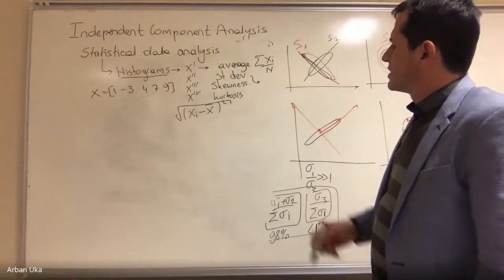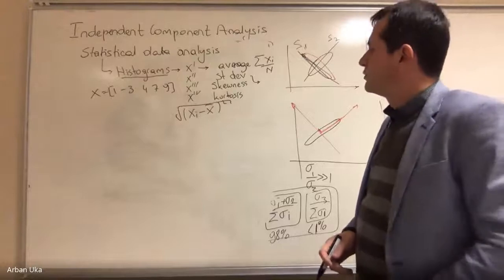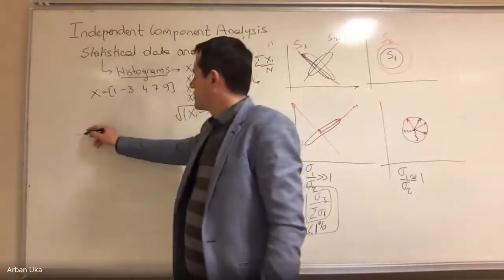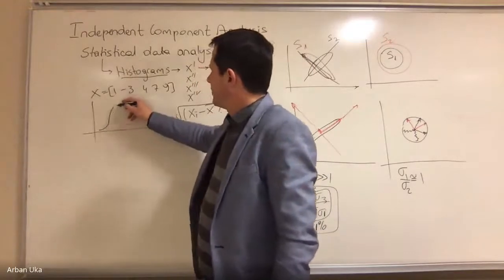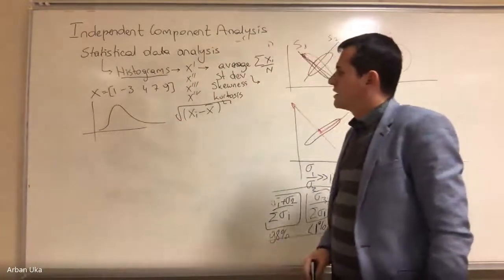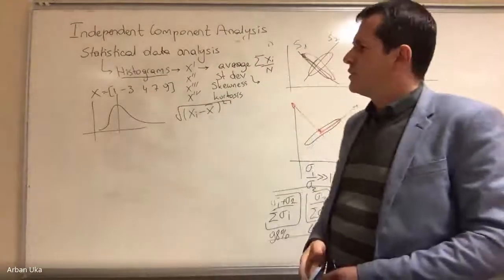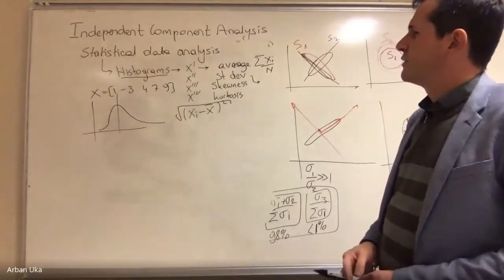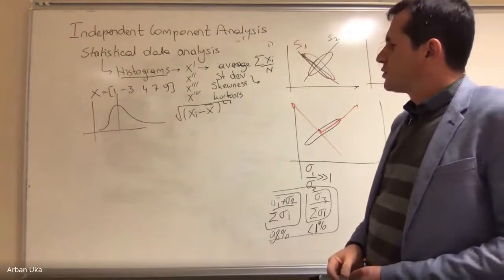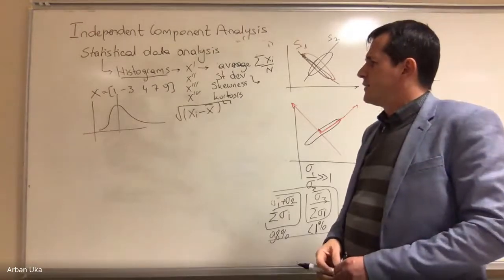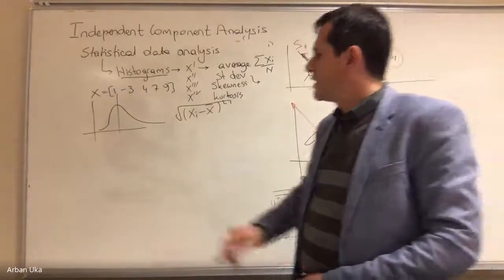Then the skewness has a generalized formula which also helps us to determine whether a histogram is skewed. Its skewness is different from 0 if we have distributions like this. If we have a histogram where the length from the right side is not equal to the length from the left side, then we have a skewness which is larger than 0 or smaller than 0. Kurtosis is another measure which truncates or elongates more than a Gaussian distribution.